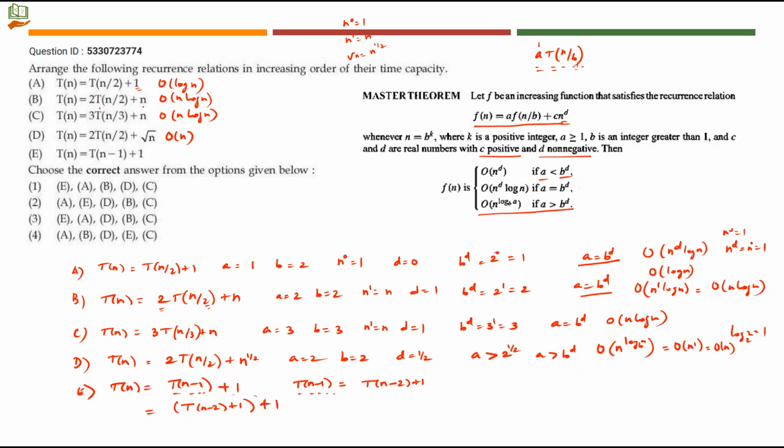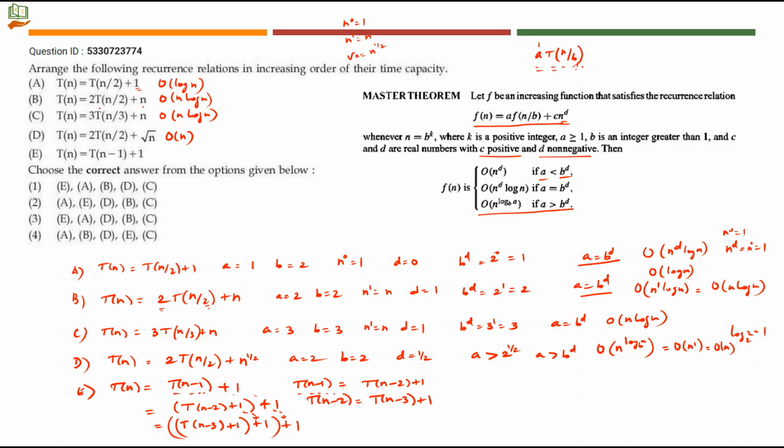So instead of n minus 1 I am just substituting the previous term. Similarly, what about T of n minus 2? We will have T of n minus 3 plus 1. So we will go with T of n minus 3 plus 1 for T of n minus 2. Then this plus 1 is from here and this plus 1 is from here.